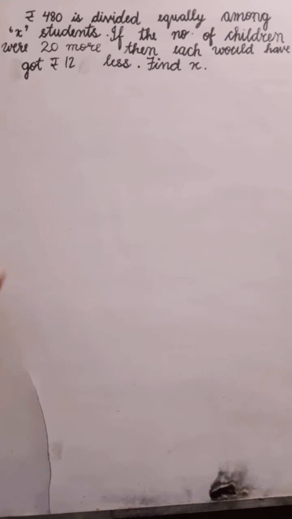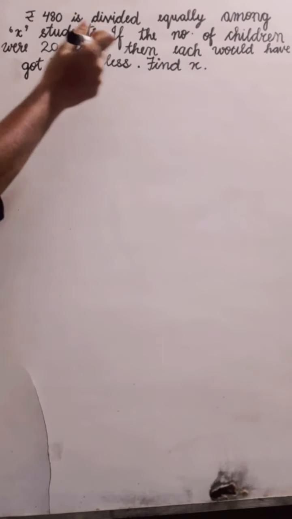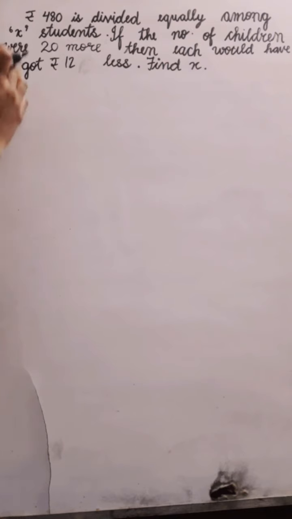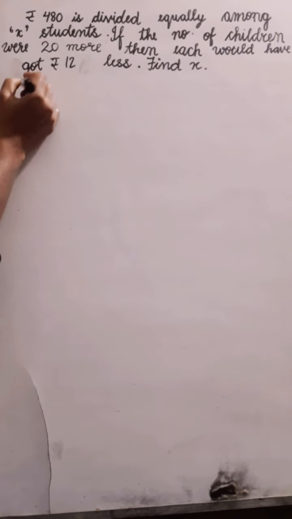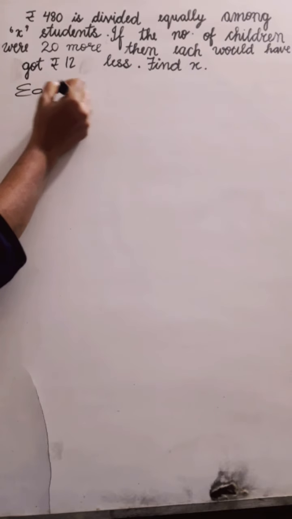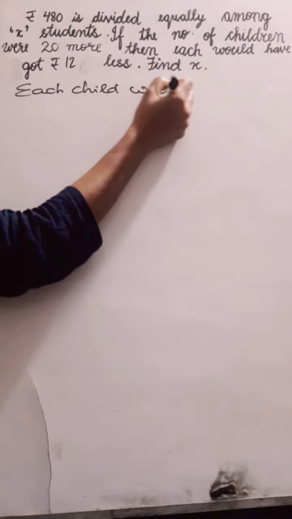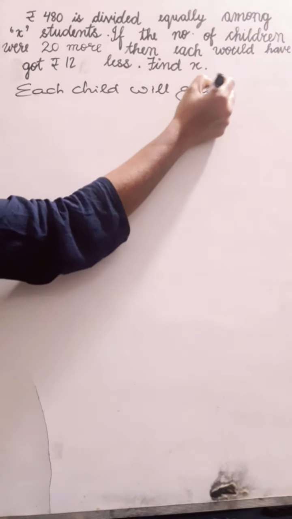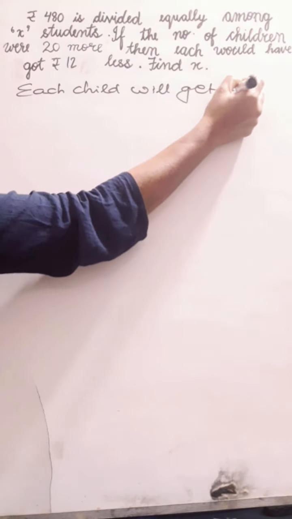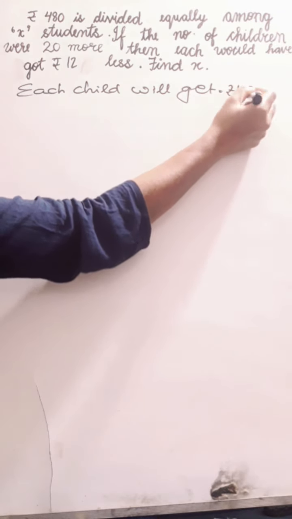I am taking a new question here. Rupees 480 is divided equally among x students. So if rupees 480 is divided equally among x students, each child will get rupees 480 over x.